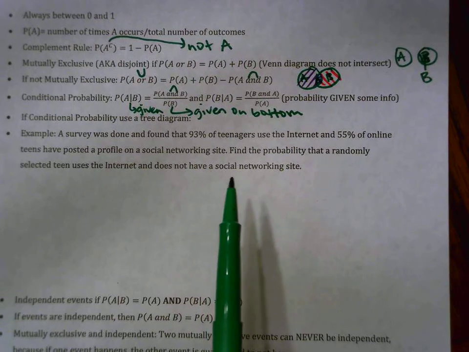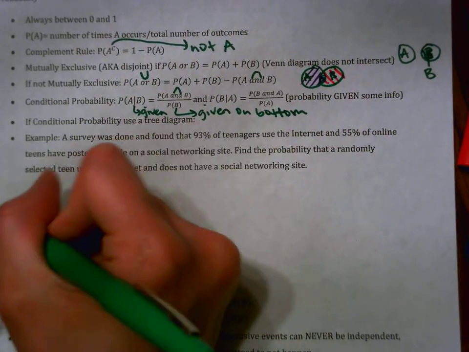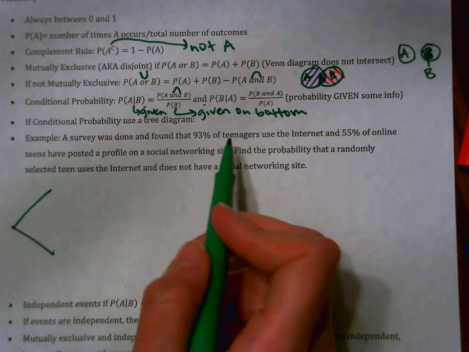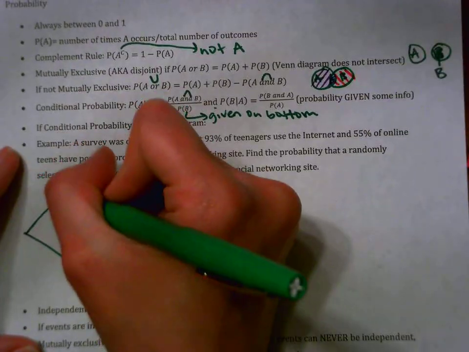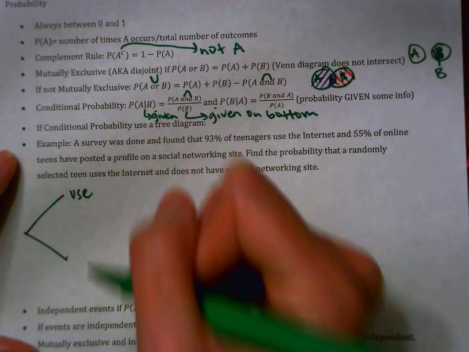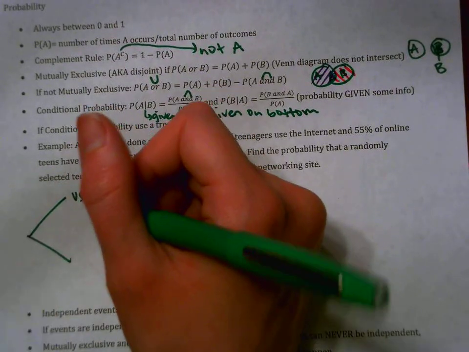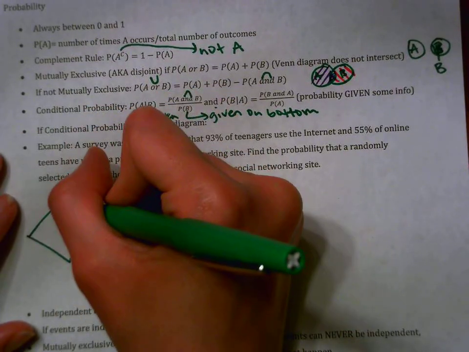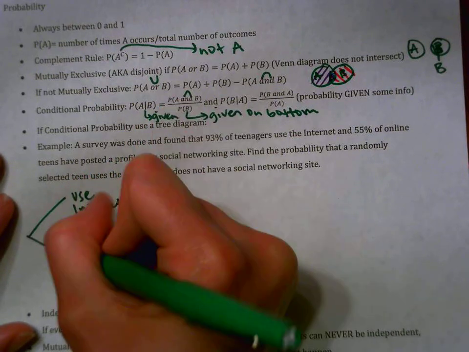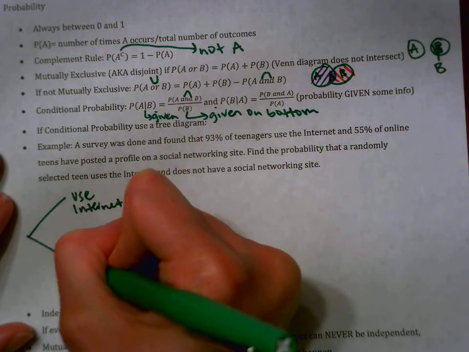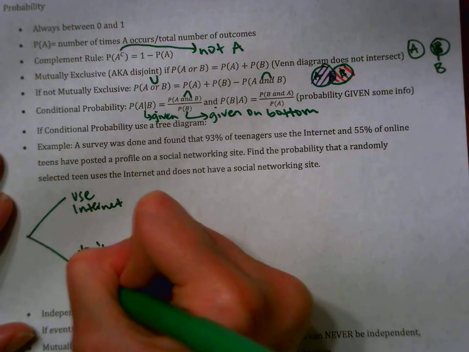So if you start your tree diagram, the first thing they're talking about is the probability of just using the internet. So you write your two different outcomes, and it could be more than two. You have as many branches as they talk about, but in this case, they either use the internet or they don't use internet.